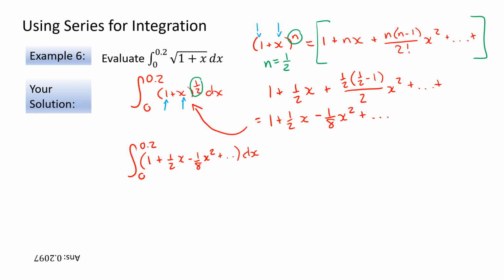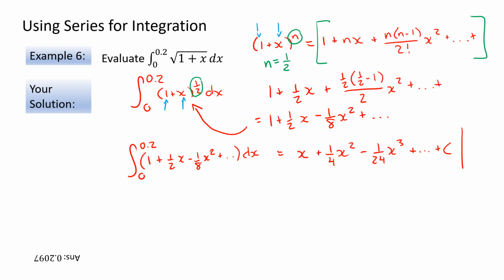And if we do that, what we get, okay, is x for the first term, because the integral of 1 is just x, plus 1 over 4 x squared, minus, so we have 1 over 8 x squared, that becomes 1 over 24 x cubed, and then obviously plus the remaining terms and plus a constant.